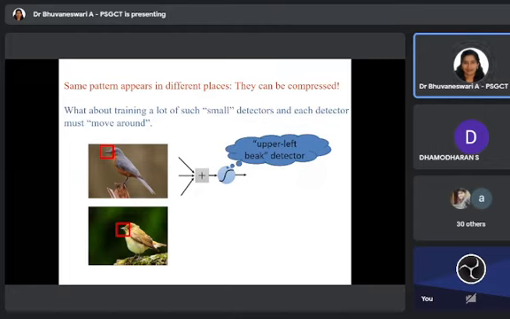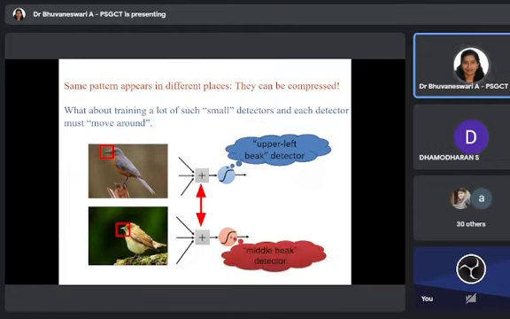However, for the second bird, the beak is in the center. You can go for the function that detects the middle beak, the center part of the image. But the functionality is the same, right?